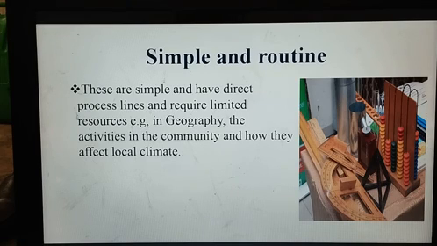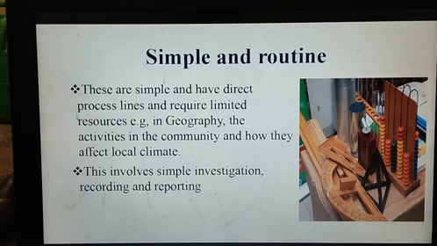But keep in mind that these 2 types of projects we are focusing on require limited resources. The other 2 that we are not focusing on require a lot of resources.